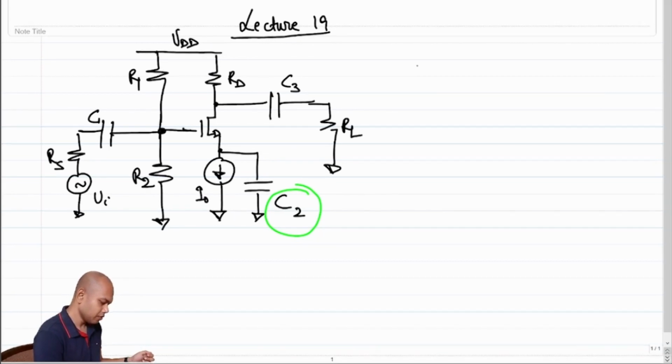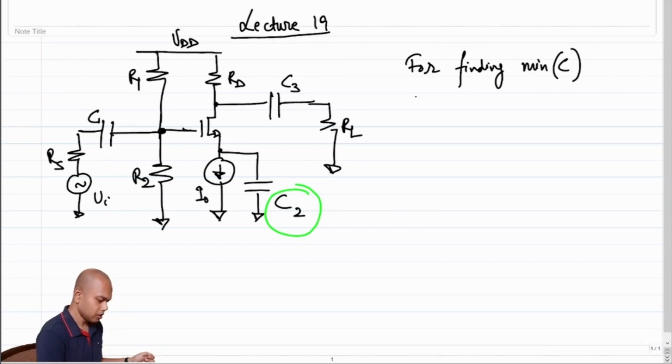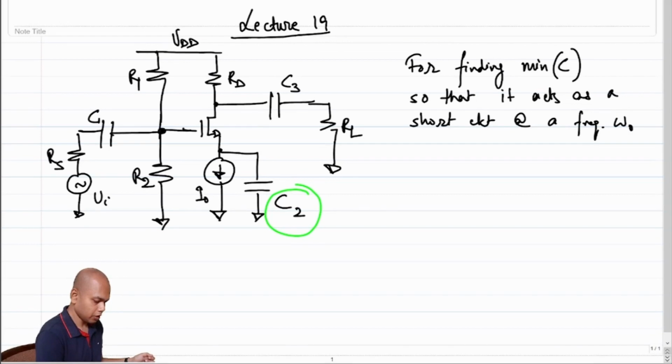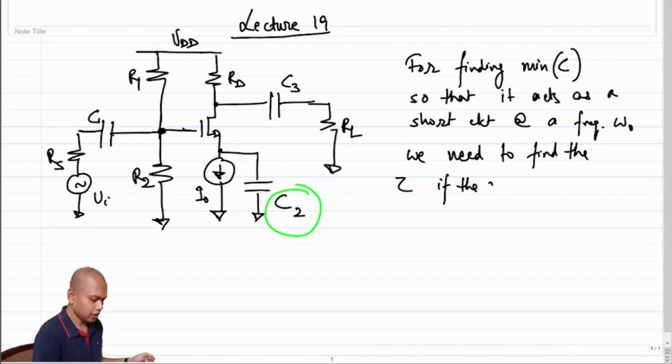The principle is, for a first order circuit, for finding the minimum C so that it acts as a short circuit at a frequency omega naught radian per second, we need to find the time constant.